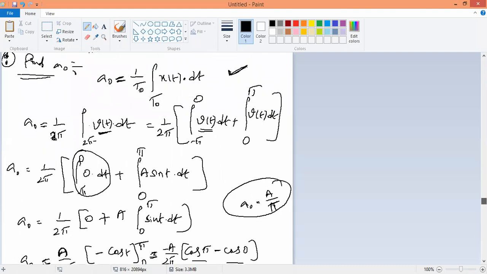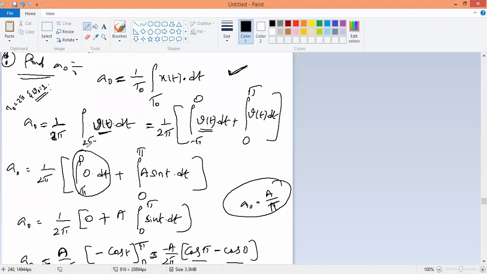Next, for this waveform, a naught equals 1 by t naught, where t naught equals 2 pi and omega naught equals 1. So 1 by 2 pi integral over 2 pi of v of t dt. Here the given signal is v of t, defined in two different intervals.